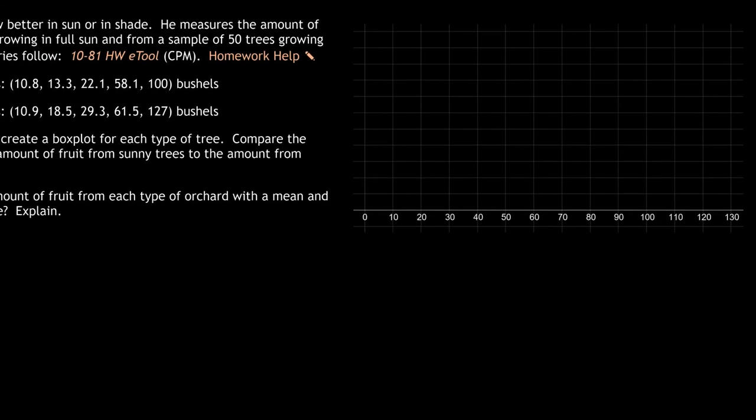So my minimum value was 10.8. So I'm going to go pretty close to 10. I'm going to make the line just ever so slightly to the right of that. So that's about 10.8. Then I'm going to jump all the way to 13.3. I'm not jumping very far, am I? Because that's 20.